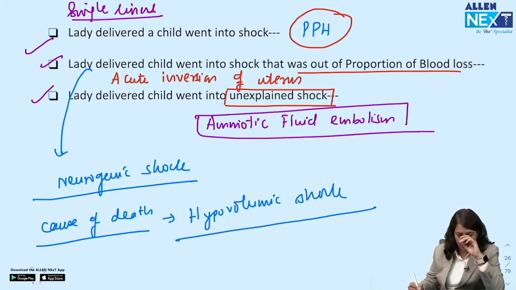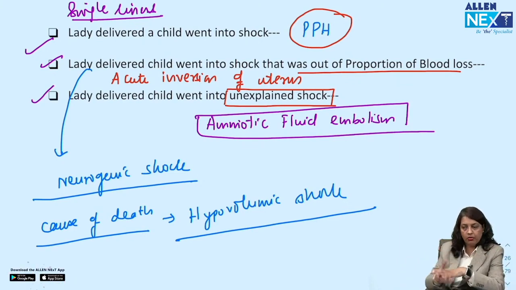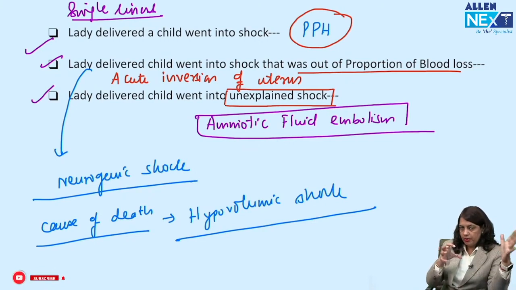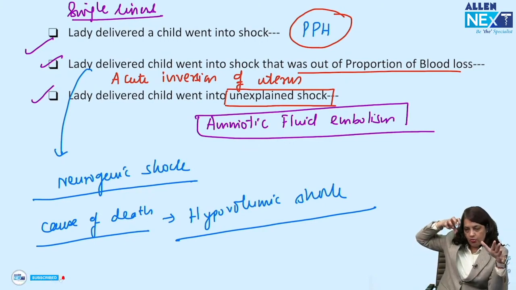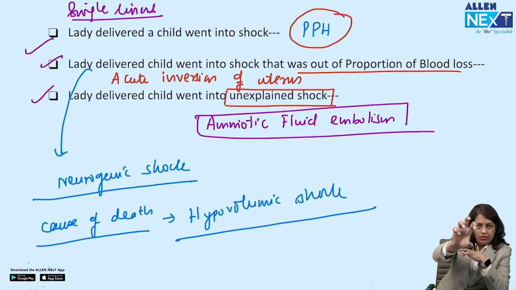Of course, that is a supportive measure you have to give, but the management is taking the consent, shifting the patient to the OT and performing the Johnson's maneuver. What is the Johnson's maneuver? Catch hold of the uterus under GA. The patient has been anesthetized. You reposit the uterus back into its anatomical position.